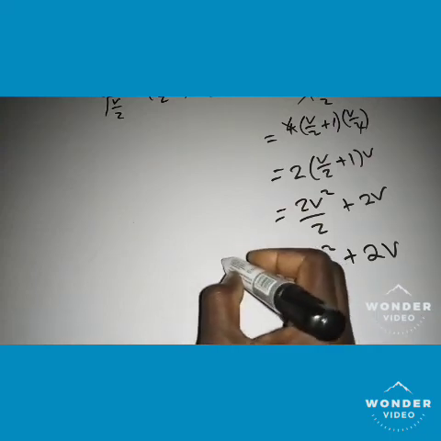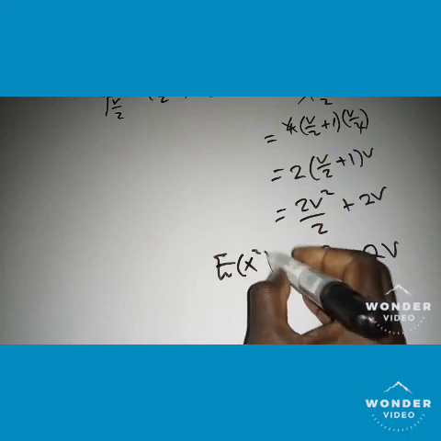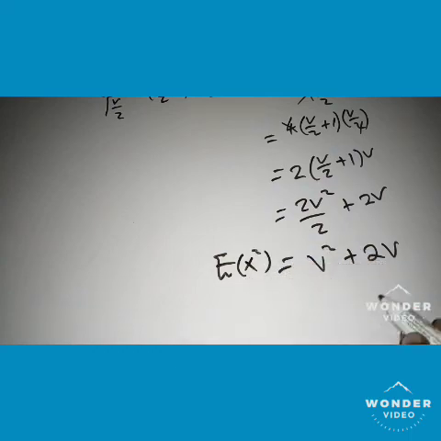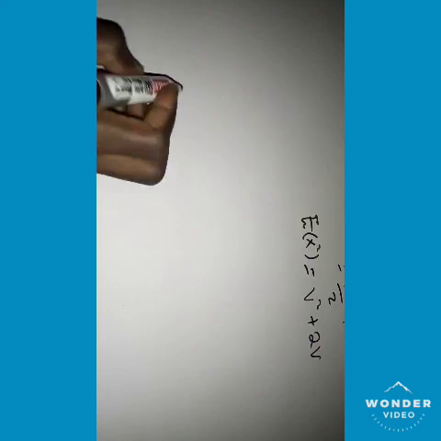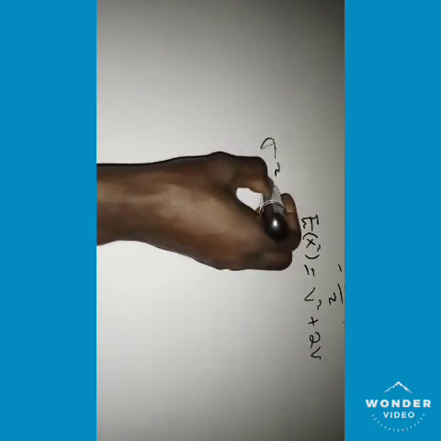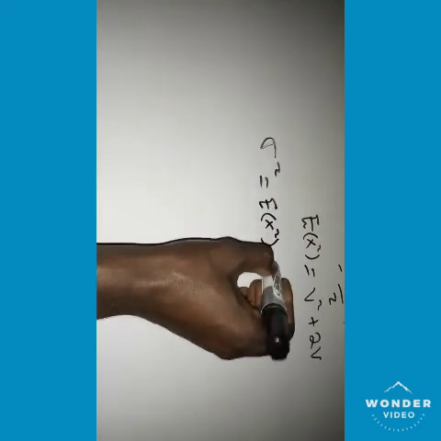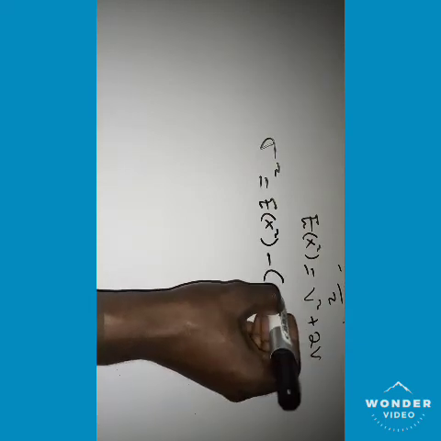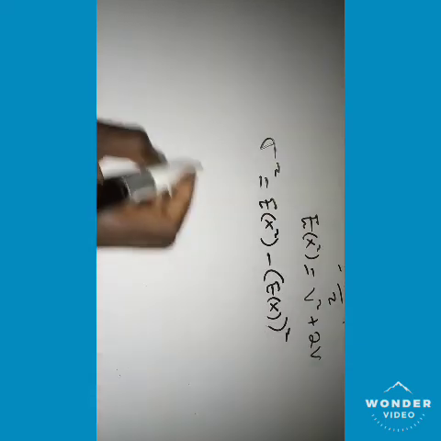Therefore, conclusively, E of x squared is equal to v squared plus 2v. So now to find the variance, we recall that the variance is equal to E of x squared minus E of x, squared.